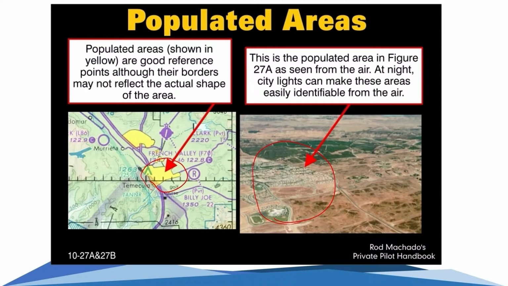In addition to that, if you're flying at night, they're very, very easy to see because of light pollution. So that's how you can basically try to figure out where you are. Especially if you're in more remote areas flying from city to city, you can clearly see two major sources of light pollution. Then you can figure out where you are in relationship to the actual airport.